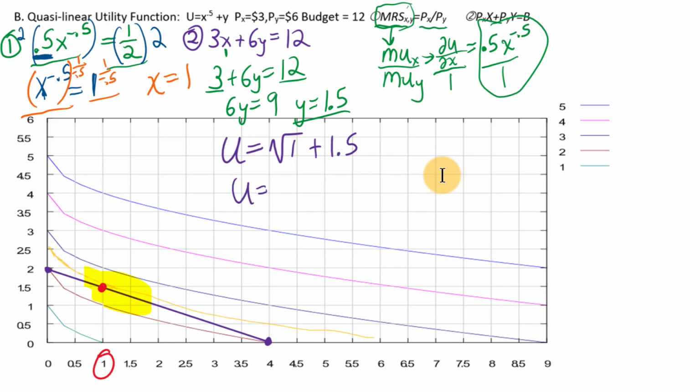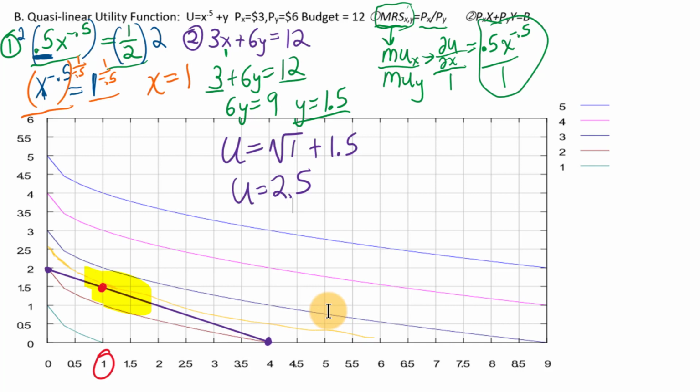How much utility is that going to be? 2.5. All right, so that's bigger than 2 and less than 3. Perfect. I trust that answer. So there is an indifference curve, something like this gold one, not exactly. It's hard to draw one freehand. That's why I like to get to the computer to do it for us, but there's our solution.